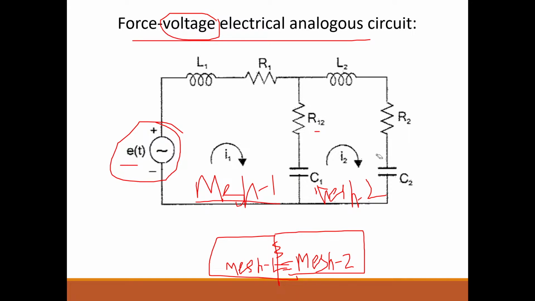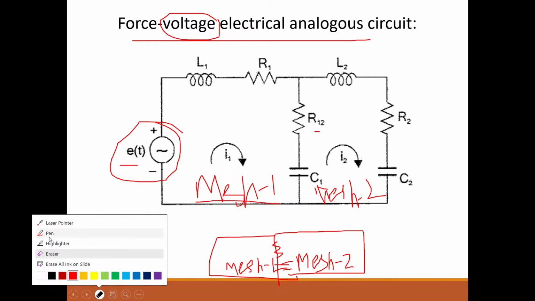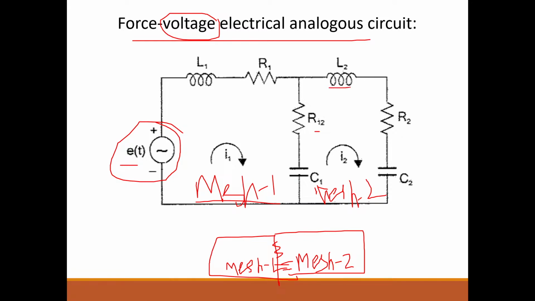So their analogous elements must be connected to mesh 2. Analogous of M2 is L2, analogous of B2 is R2, analogous of K2 is 1 by C2. So draw an inductor, resistor and capacitor, L2, R2 and C2, connected to mesh 2.